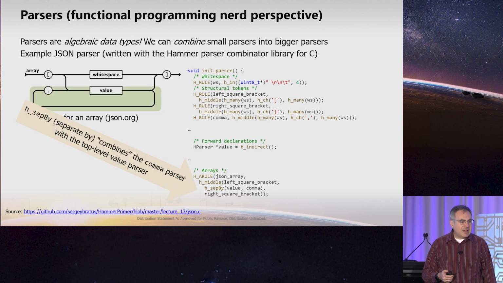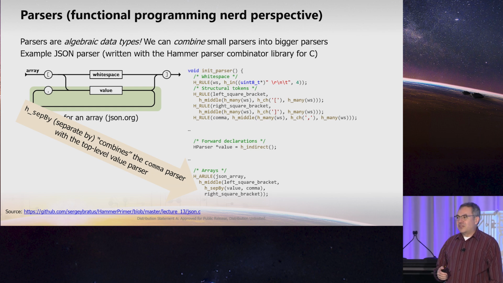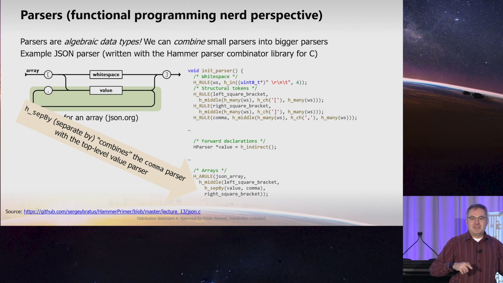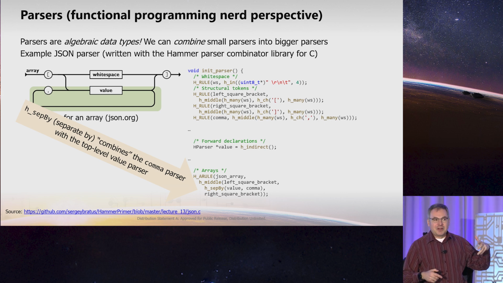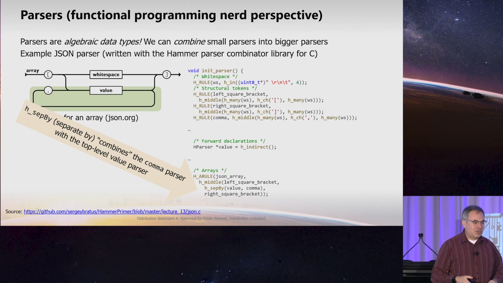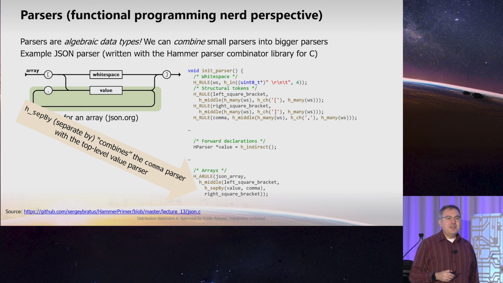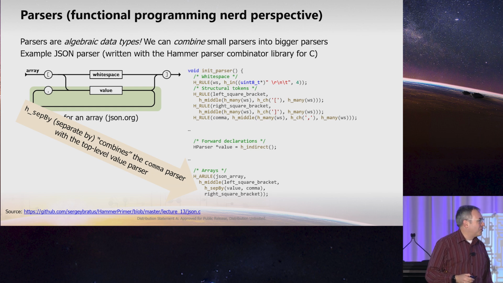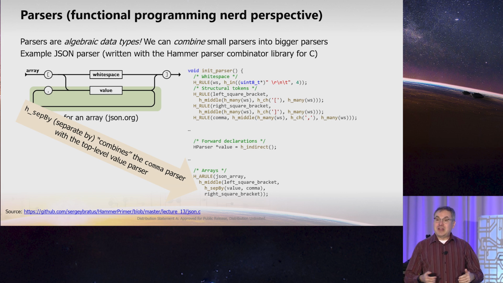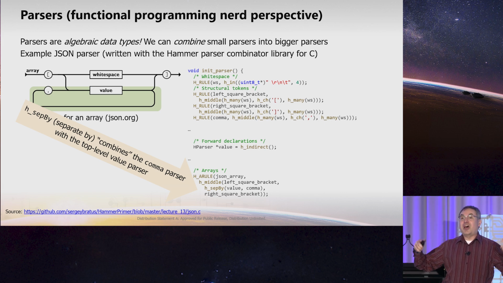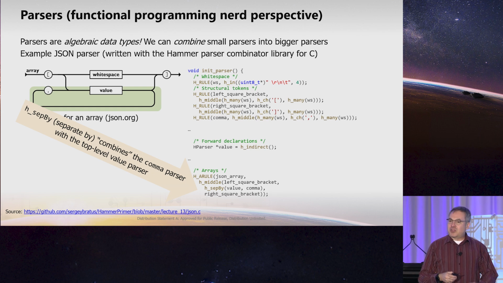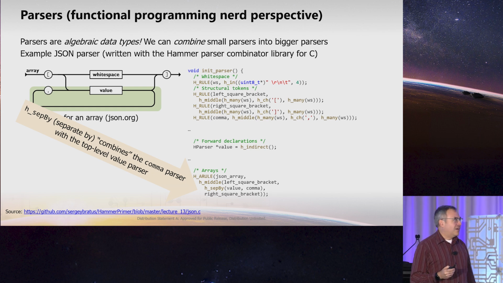I've highlighted the part that says we have values with commas between them. So the comma is a separator, and then we have multiple values. And there's one line of code that expresses that concept. It's that h_sepBy. So we want to create a comma-separated list of these values. With one line of code, you can express that concept.